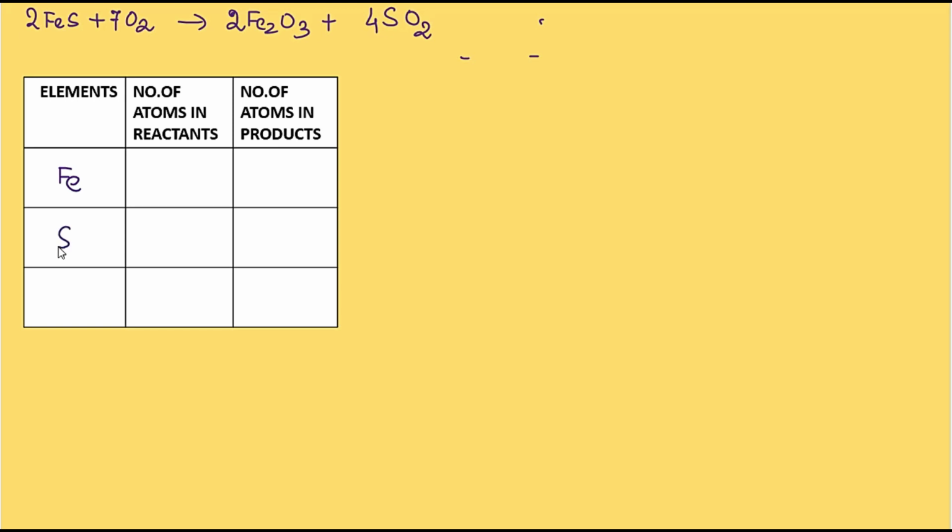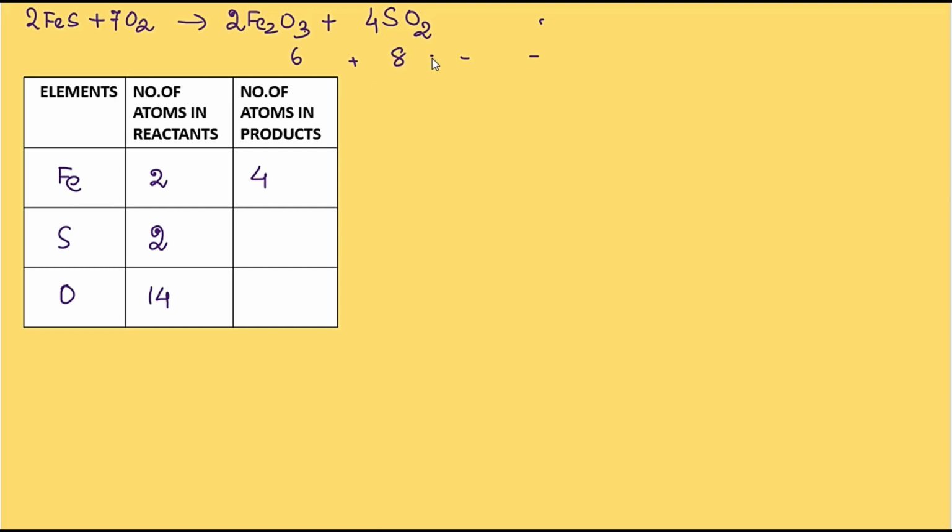Fe, sulfur, oxygen. Here iron is 2 in the reactant side, sulfur is 2, and oxygen is 14 in the reactant side. In the product side, iron is 4. For oxygen, 2 into 3, that is 6, and plus 4 into 2, that is 8.